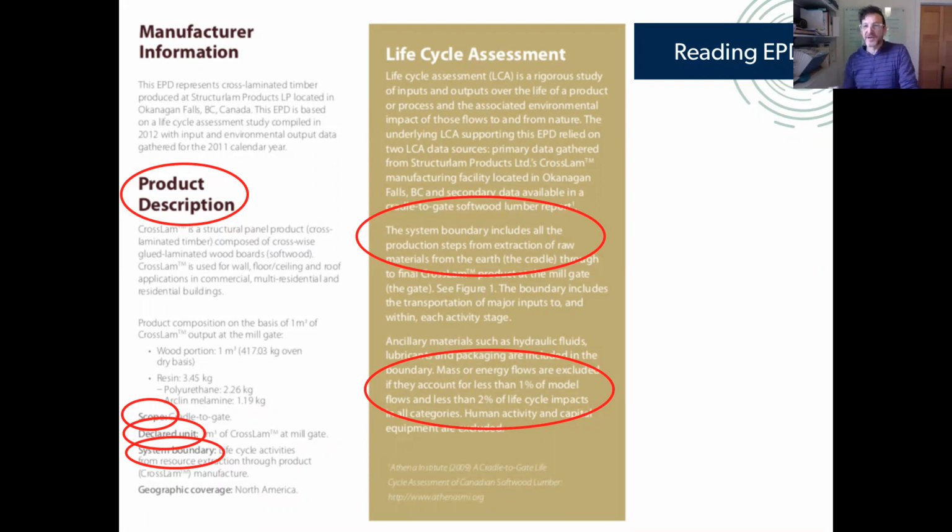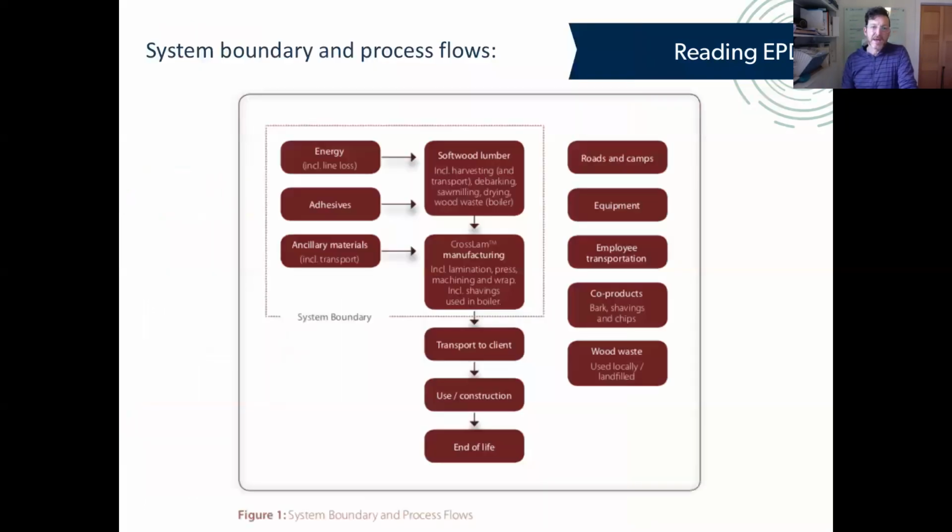So they're making a cutoff threshold of how granular the data will get. And here is that same notion shown visually, and you'll find this in most EPDs, and that little dotted box is showing you that this is what they're accounting for in this EPD.